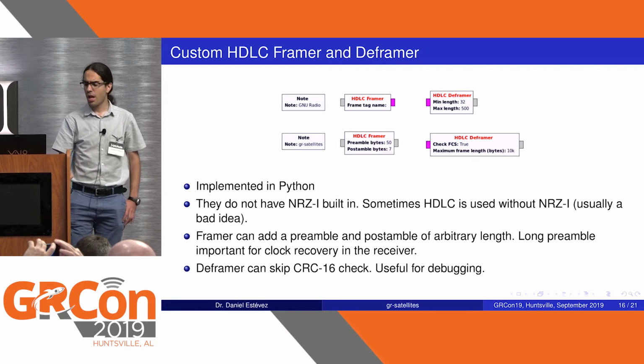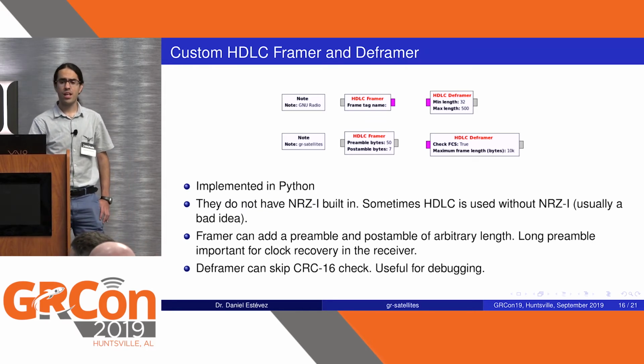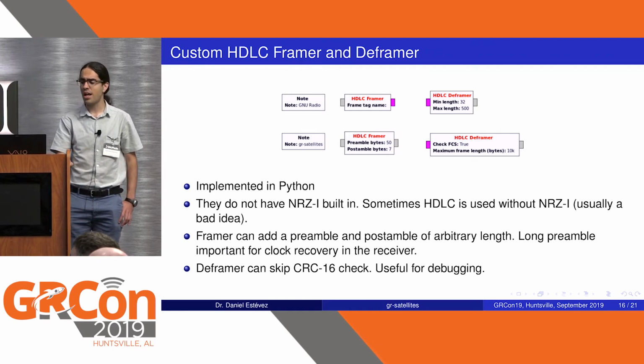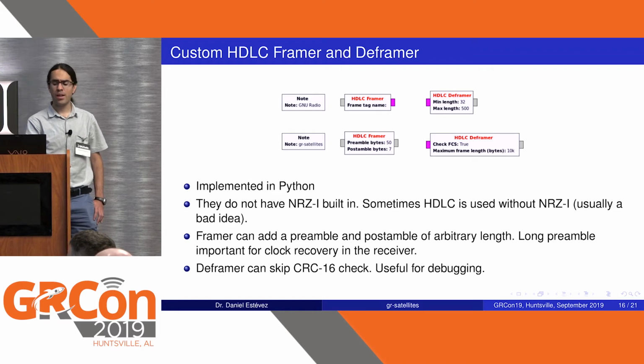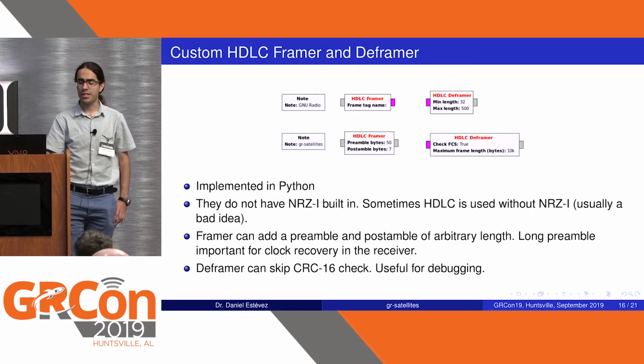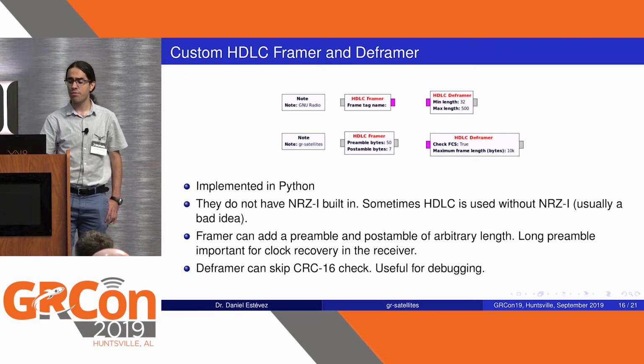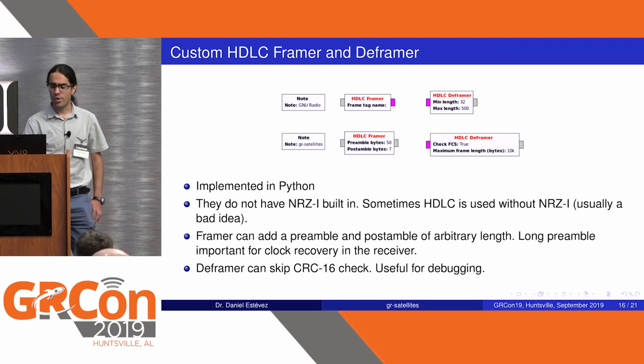HDLC protocol. GNU Radio already has some default HDLC framer and deframer blocks in C++, but I have my own deframer and framer in Python in GR satellites. And these have some interesting features that the ones in GNU Radio don't have.